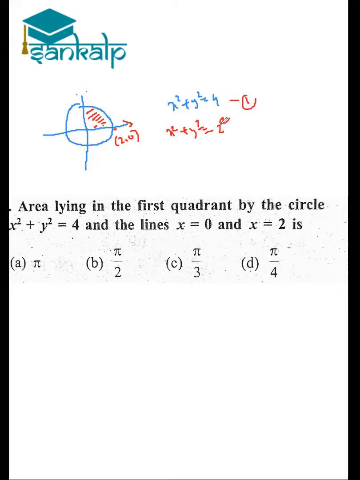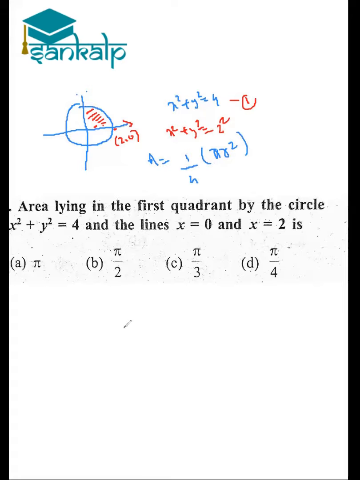To calculate the required area, we already know the area of a circle is pi r square. That is the entire circle, but we require the area only in the first quadrant, so we divide it by 4. The area in one quadrant will be pi r square upon 4.